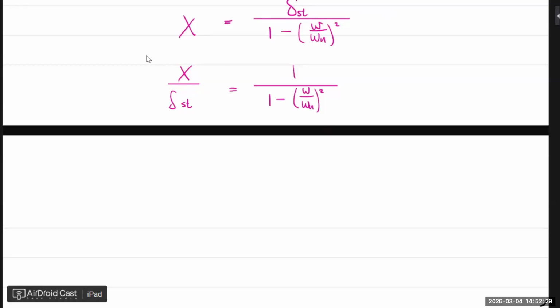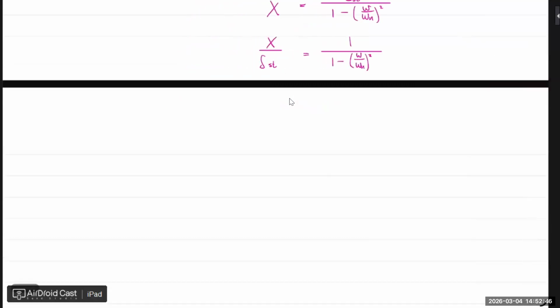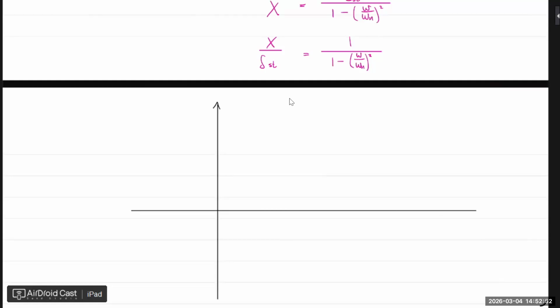Now, we want to know how this specific graph looks. If I make the y-axis x over delta st, and the x-axis r, where r is omega over omega n, just that ratio, what happens?